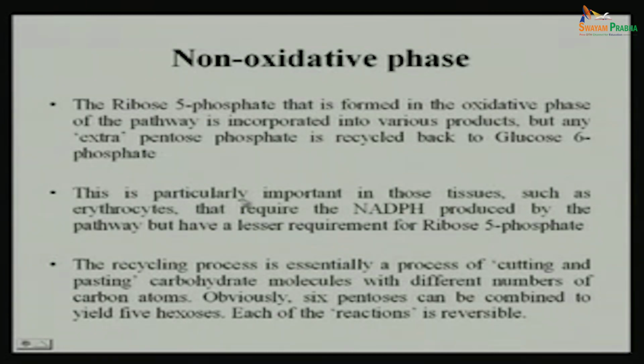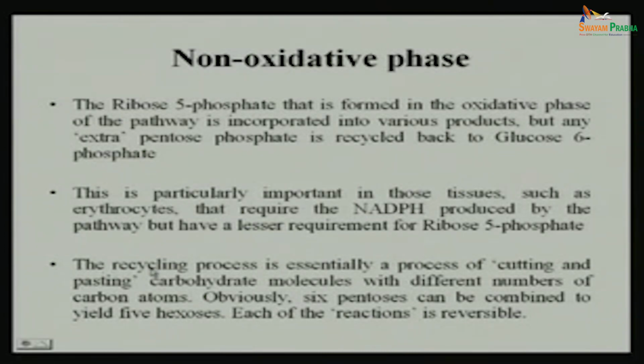This is particularly important in those tissues such as erythrocytes that require NADPH produced by this pathway, but have a lesser requirement of ribose 5-phosphate.